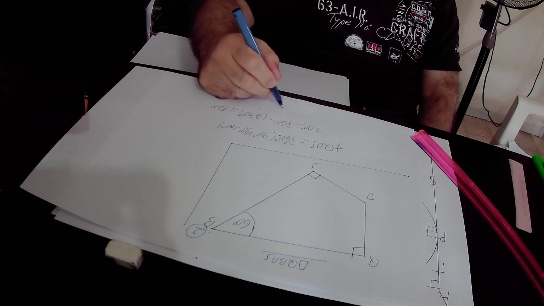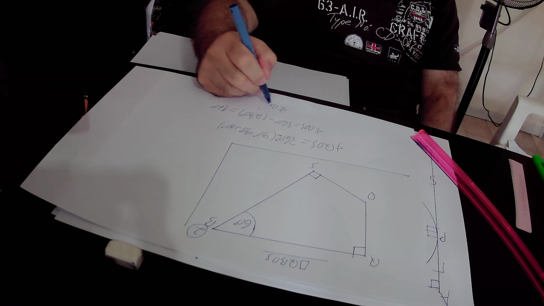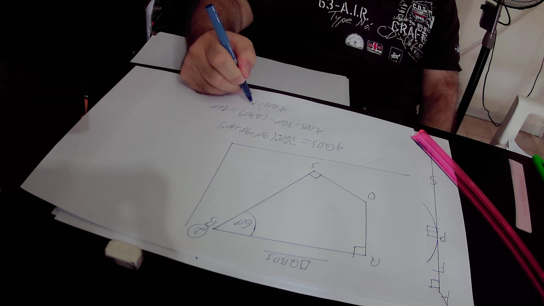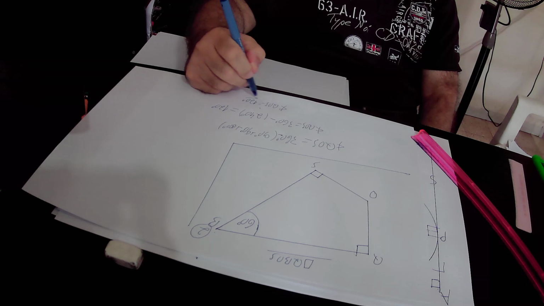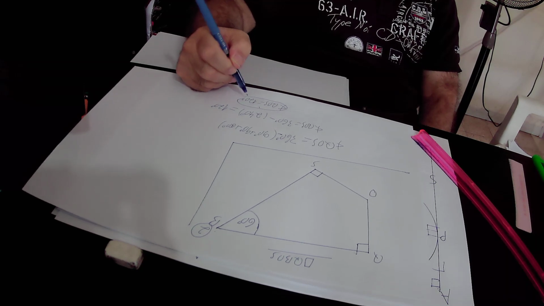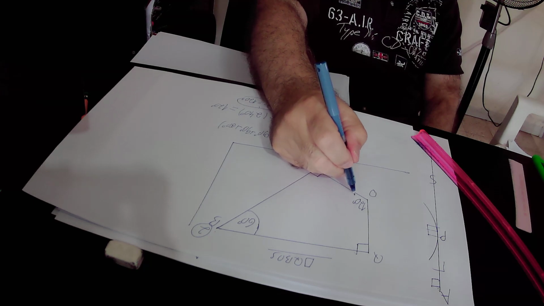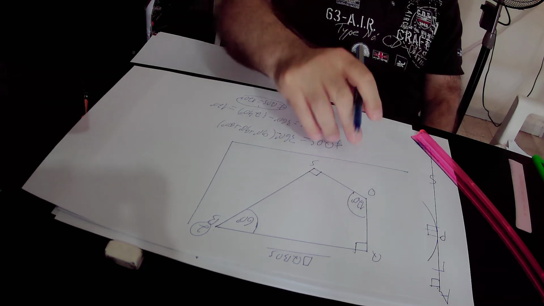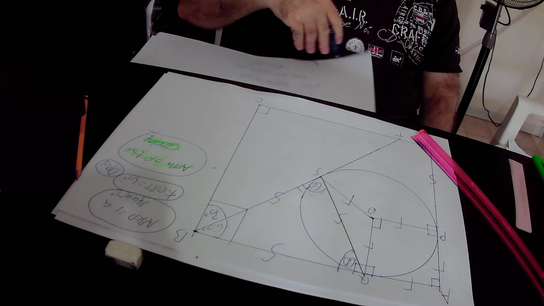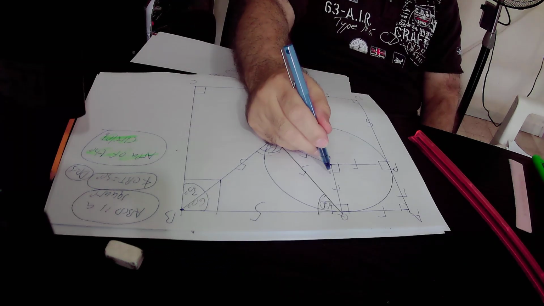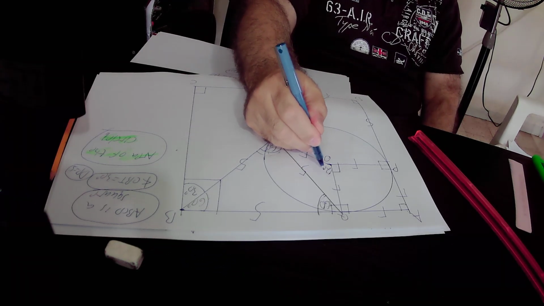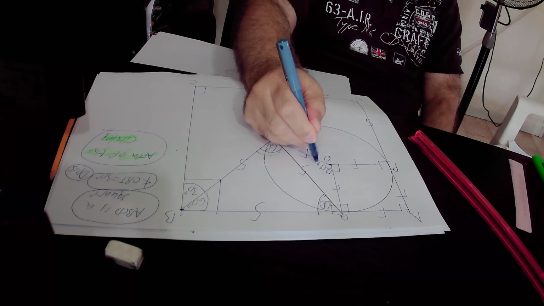So we found out that the size of the missing angle, angle QOS, equals 120 degrees.